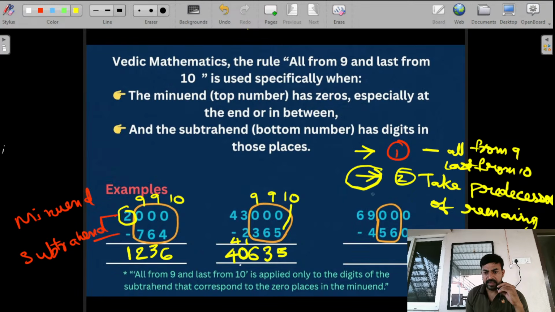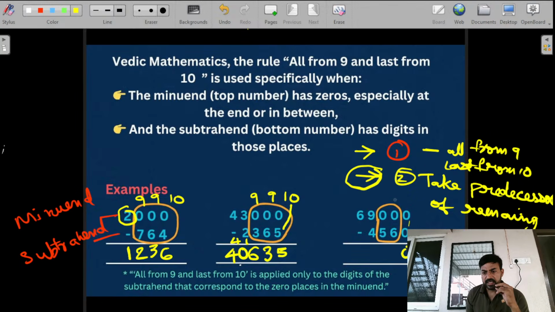And here 0 minus 0, you need not apply all from 9, last from 10, because you have to apply it only where there are zeros in the minuend and non-zeros in the subtrahend. In this region only you have to apply it.